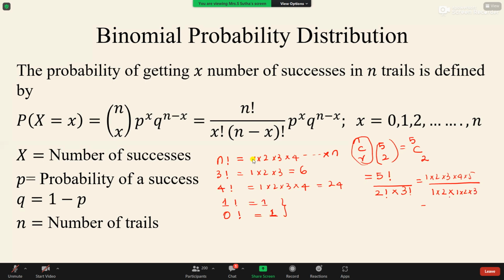That gives 10. If you check in your calculator, you can get the value 10, right? If you are not familiar with how to use the calculator to evaluate combination values, you can get the idea from the website. Then use your calculator to learn how to find this combination value.